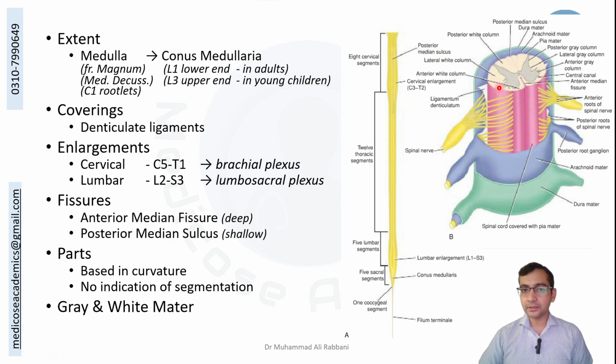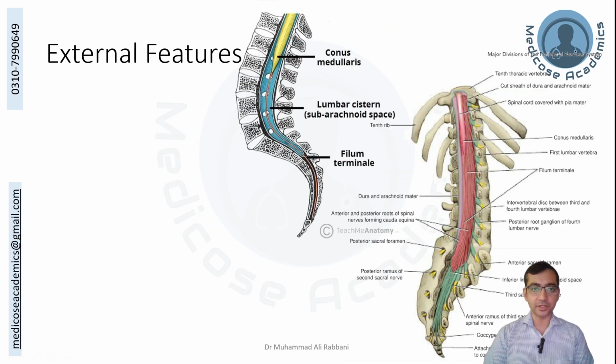The outside, that whole area, is the white matter. It appears lighter in color in cross section in a fresh specimen, and it is majorly made up of tracts going up and down and between the segments. In the spinal cord, as opposed to the brain, the gray matter is present inside and the white matter is present outside.